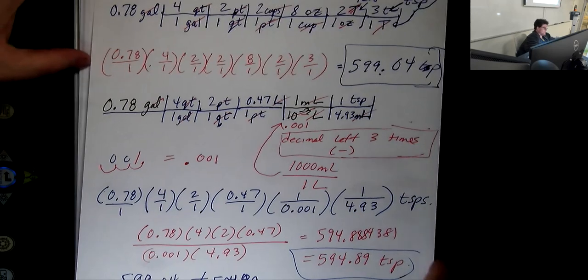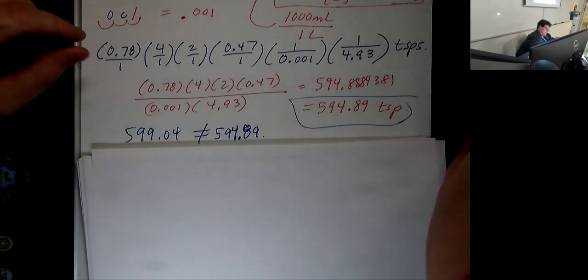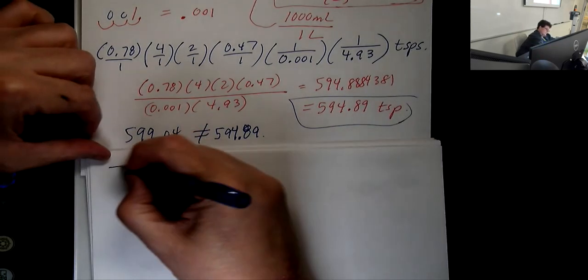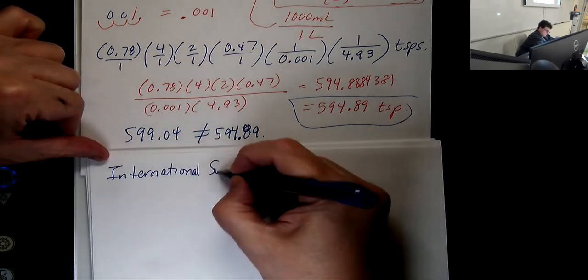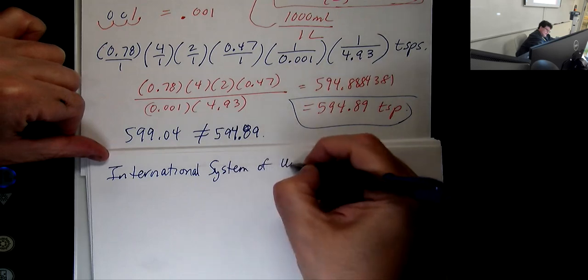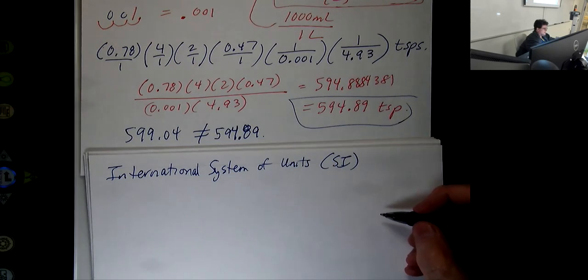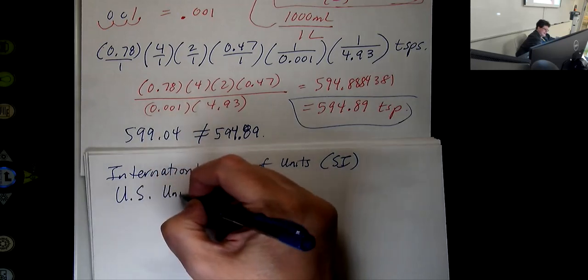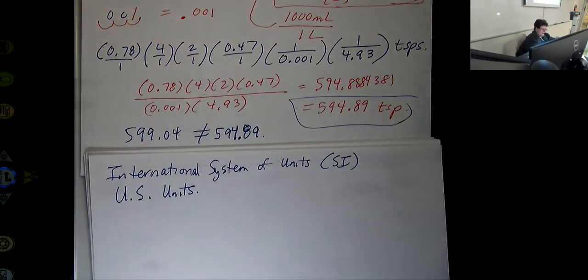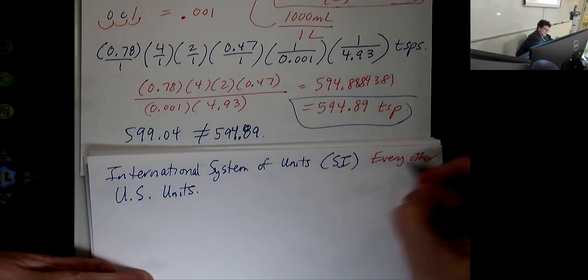We have 2 major systems in the world. We have the International System of Units, known as SI. And we have the United States units. I'm pretty sure every other country in the world uses SI.